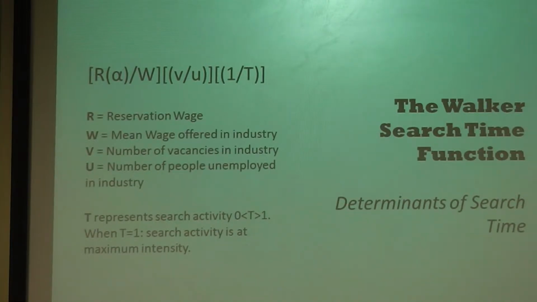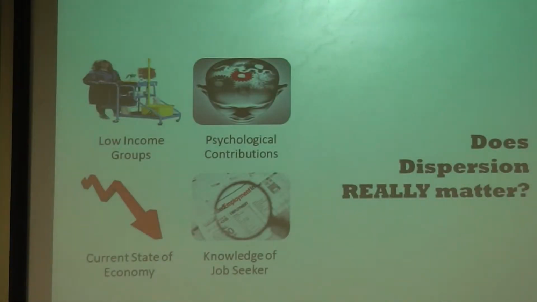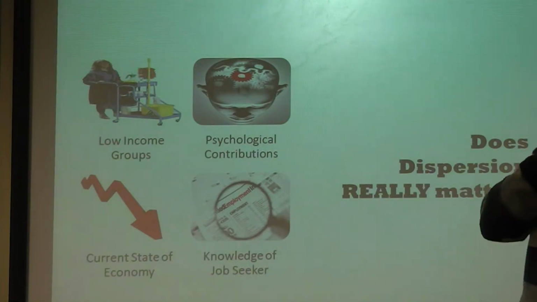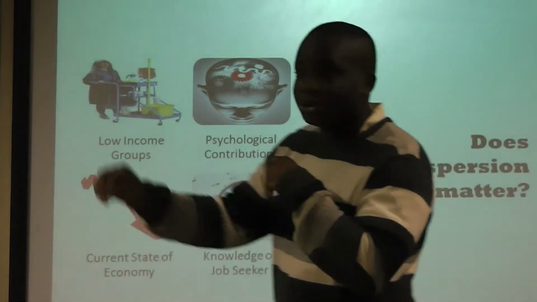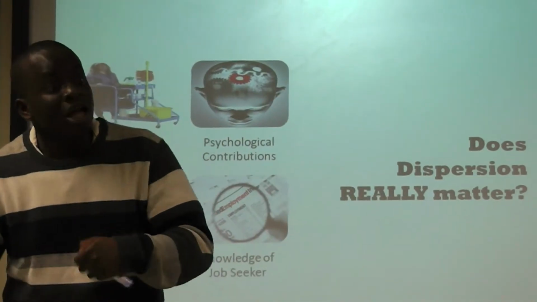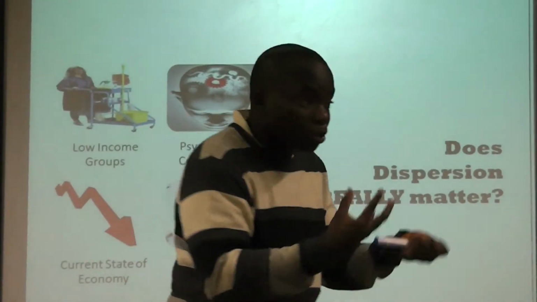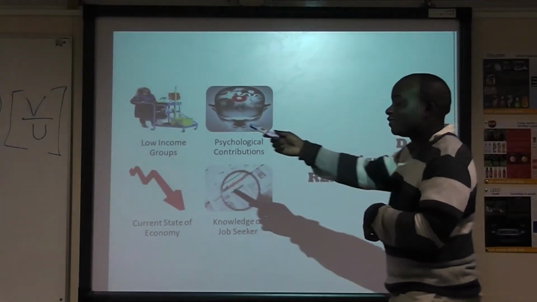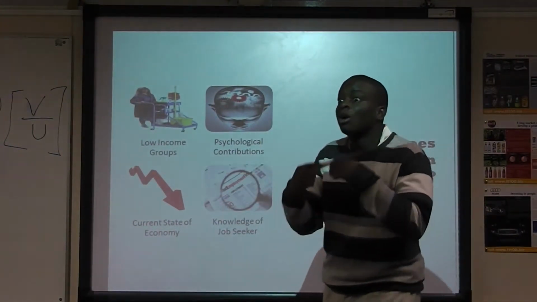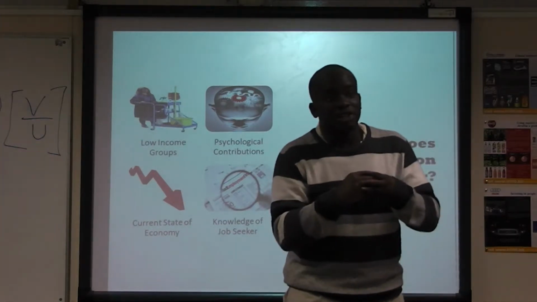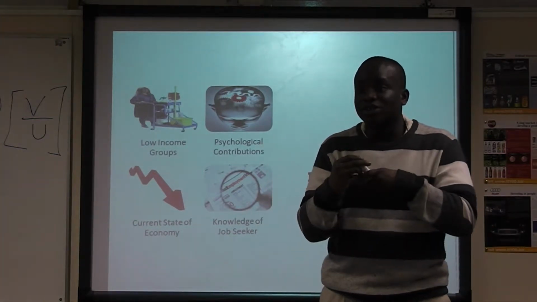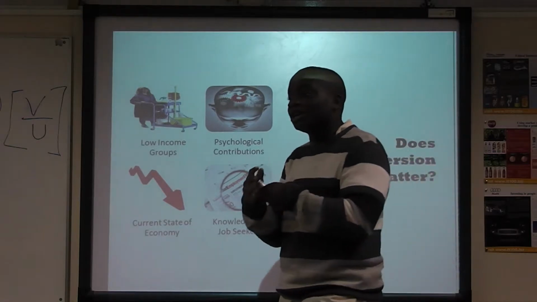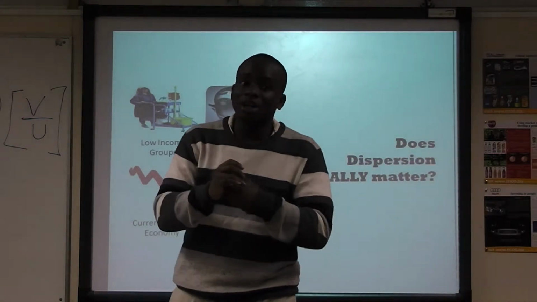So the question: does dispersion really matter? I've hinted at low-income groups, and a study I tried to go to psychologists as much as I could. You can't just suppose that search time is lengthened by these factors without understanding the psychological effects of search time and really understanding the cost of continued search, because the cost of continued search to job seekers is not just income foregone.